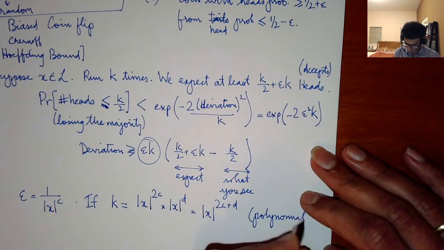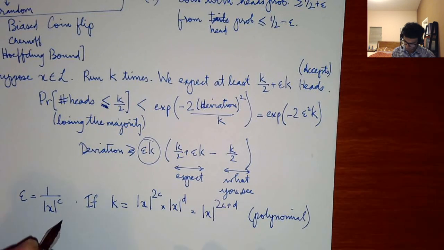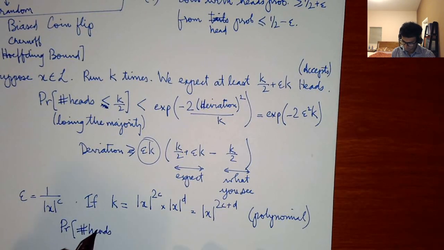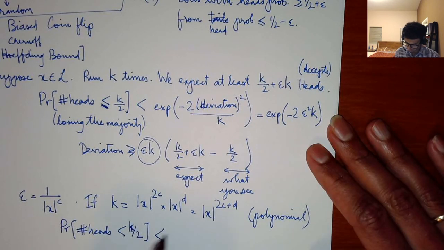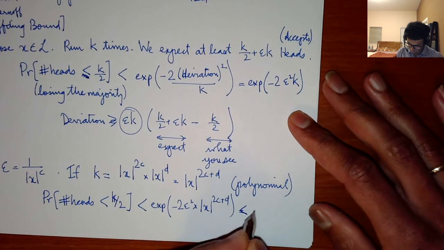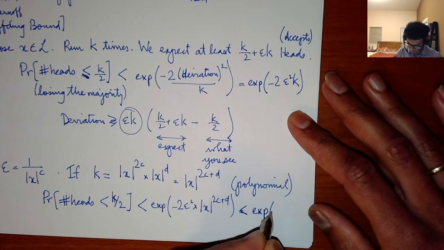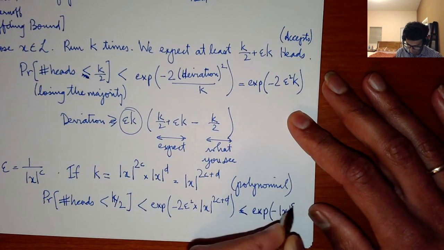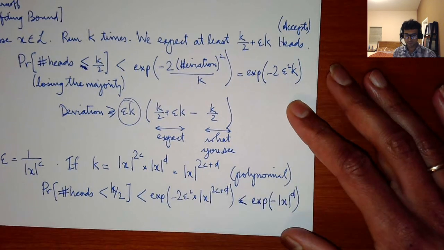So you run it a polynomial number of times, then the probability that the number of heads is less than k divided by 2 is at most exponential 2 to the epsilon square times k, which is x to the 2c plus d, and you work this out, and this will be at most exponential in minus x to the d, which is what we wanted to show.